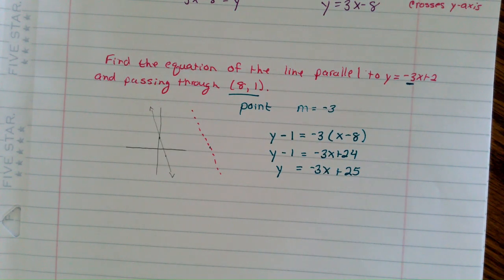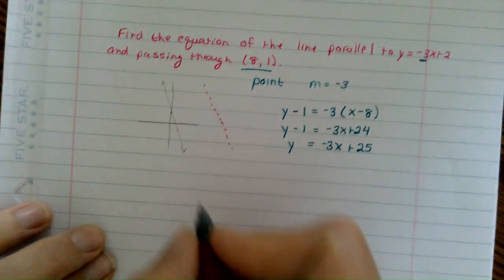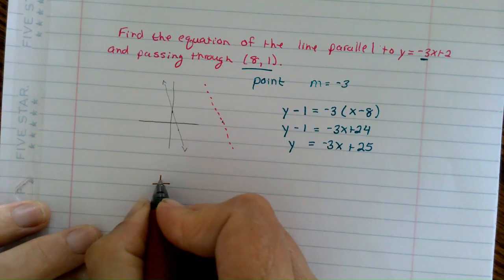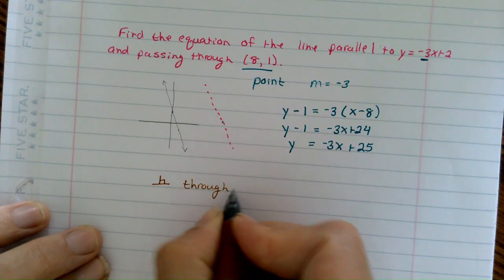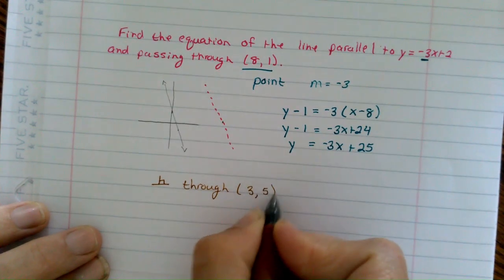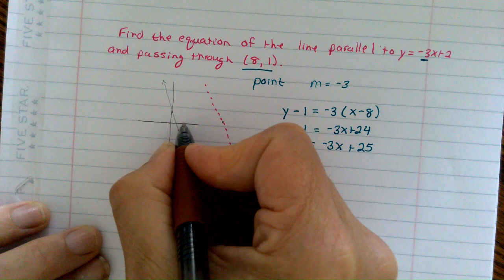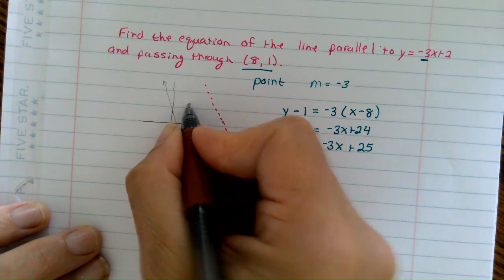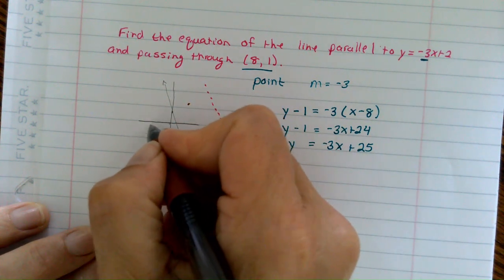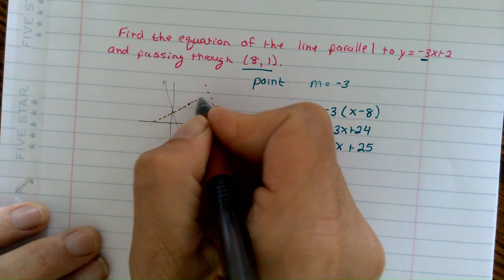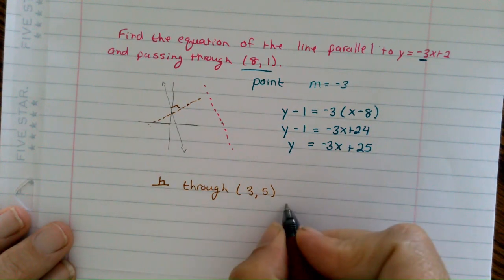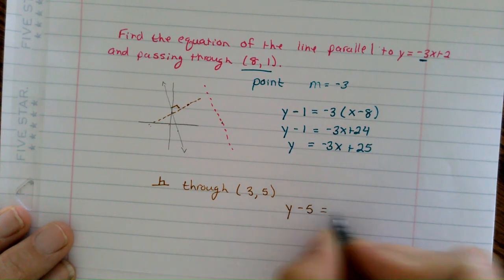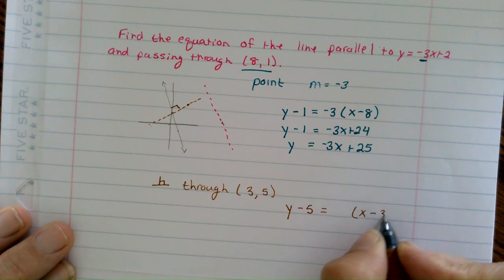Okay, what if they changed it to perpendicular through 3, 5? Okay, so 3, 5 is going to be somewhere like right in here, and we want to be perpendicular. Okay, so again, y minus my y value equals my slope, x minus my x value.